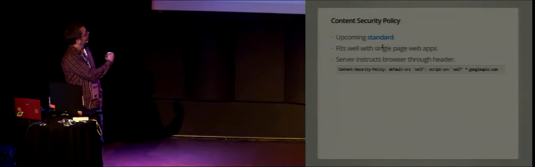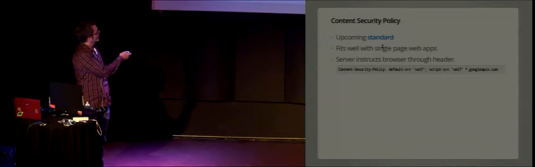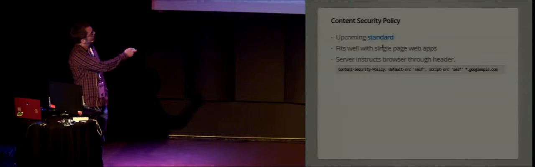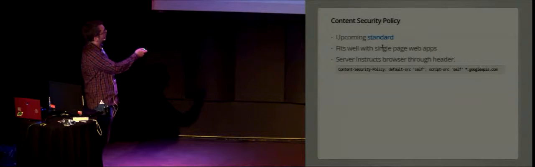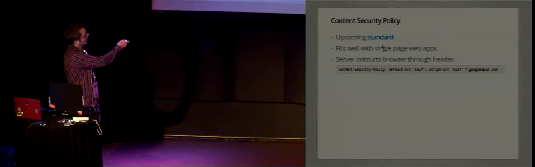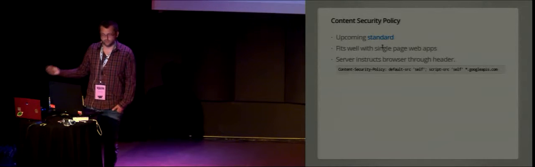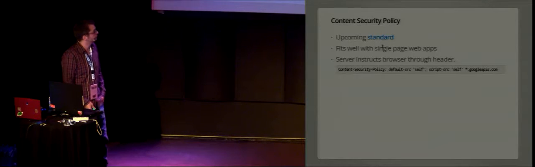It says that you can load images and style sheets from myself, but you can load scripts from myself and Google APIs.com. So if I try on this page to load an image from Google, it will fail, because I say I'm only allowed to load images from myself. And you can use star if you need to say load images from everywhere, because you don't really care where they're loaded from.